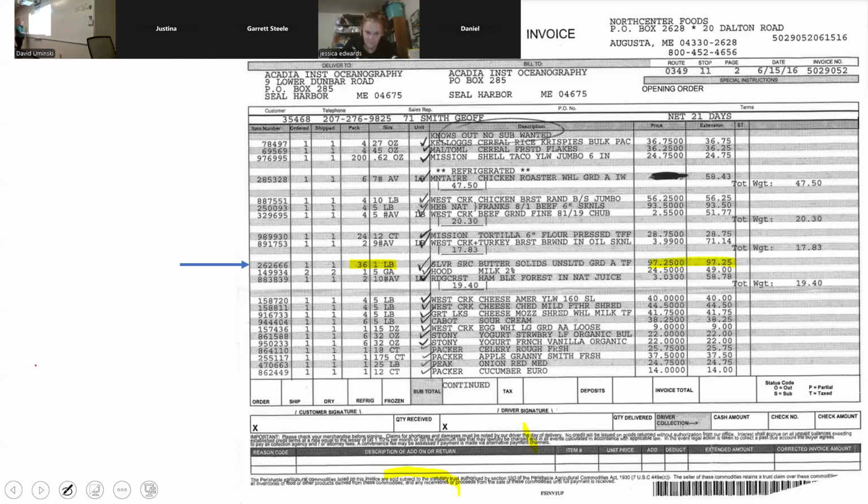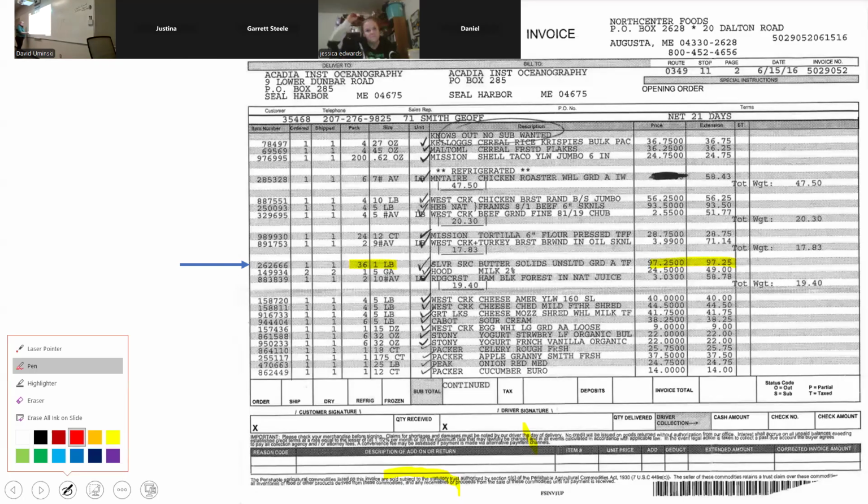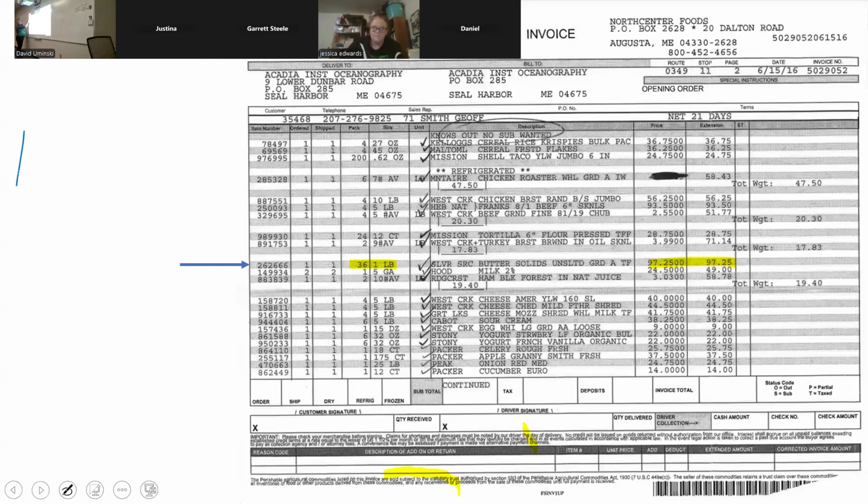Let's do our AP to recipe. Let's say our recipe calls for 9 ounces of butter.